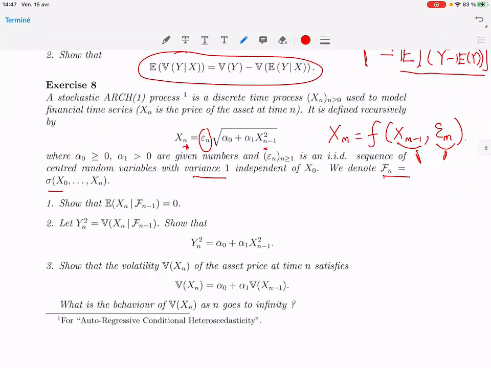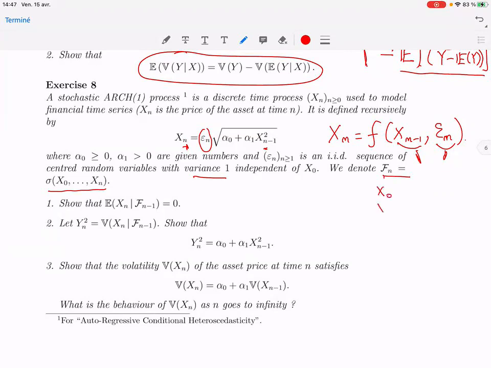Okay, and this is the natural filtration. You remember that the filtration represents the information that you have, and it is some sequence of increasing sigma fields, and here it is increased with n. Maybe it is good to write just the first terms.